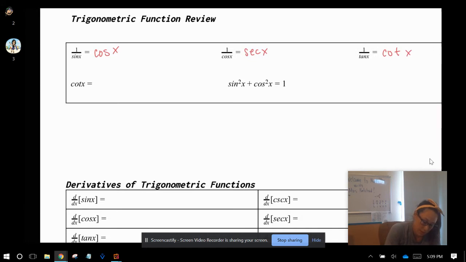Sorry, I messed up here. 1 over sine is not cosine. 1 over sine is cosecant of x. And cotangent is equal to 1 over tangent, or what?